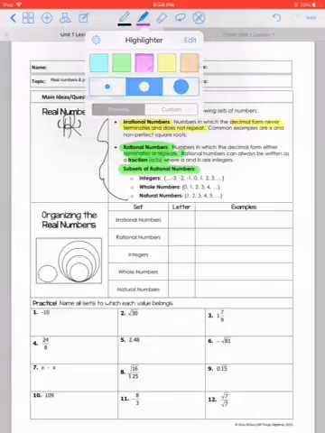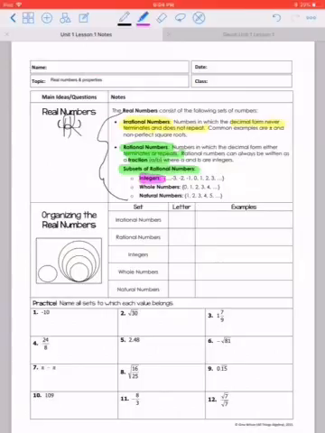And that brings us to our next one, integers. Okay, so these are your negative and positive numbers, including 0, that don't have decimals. So for example, -3, -2, -1, 0, 1, 2, 3.